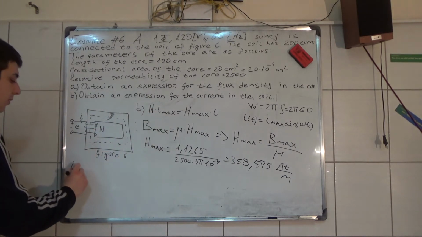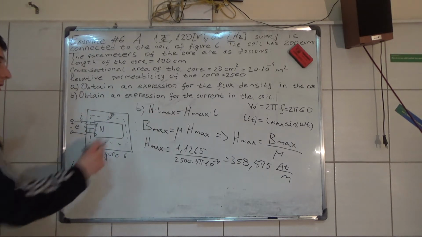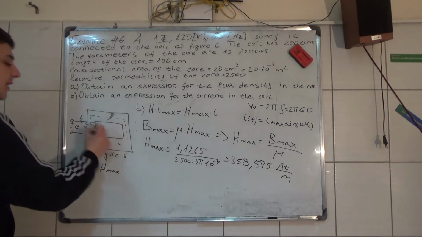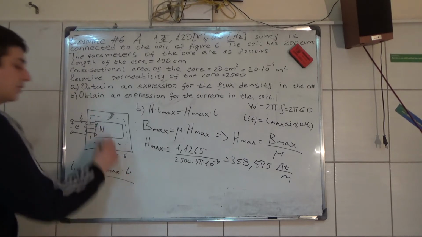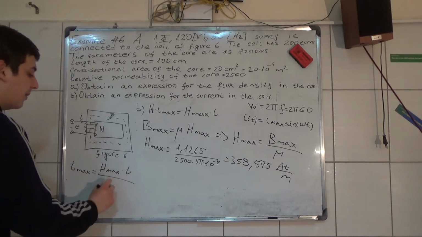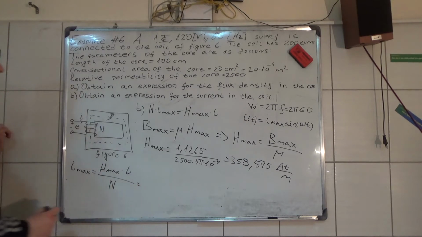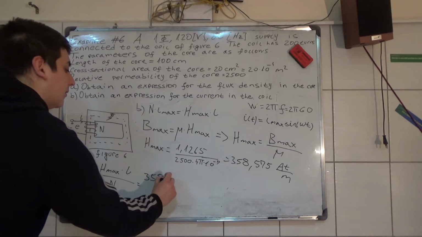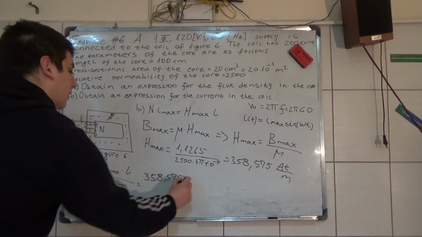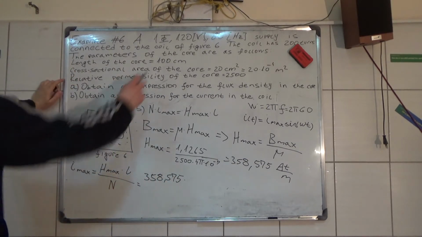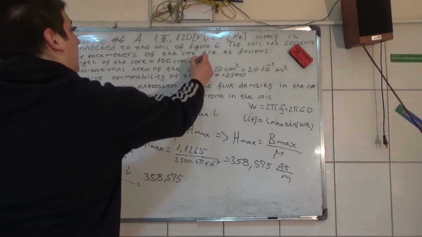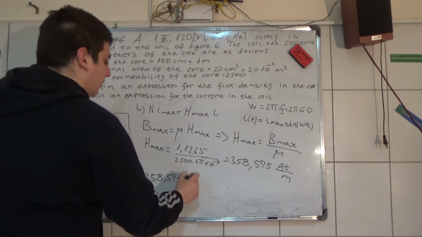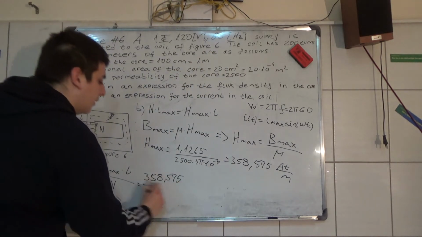That is equal to the maximum field intensity times the length of the magnetic circuit, divided by N. 357 times the length, which is 100 centimeters, but 100 centimeters is 1 meter, so I don't need to write anything here.